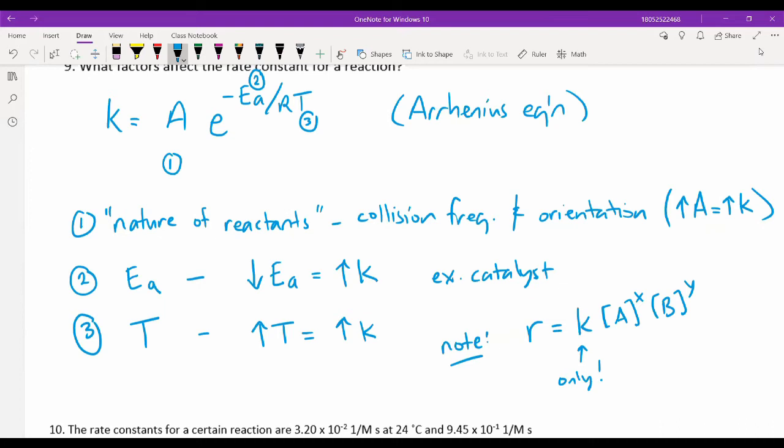But there's another thing that affects the rate, which is the concentrations. The concentrations of reactants affect the rate, but not the rate constant. So these are independent, but they both affect the rate. Saying what affects the rate versus what affects the rate constant are definitely different questions. Hope that makes sense.